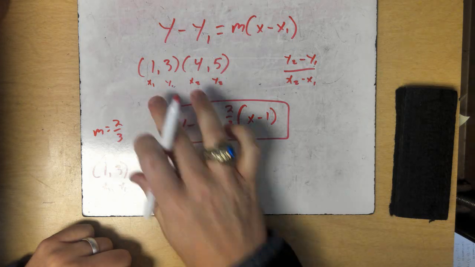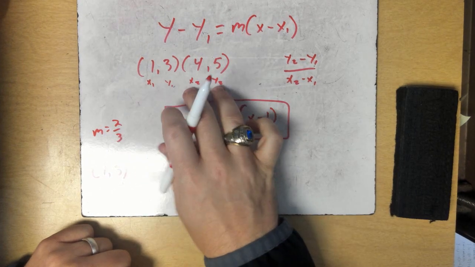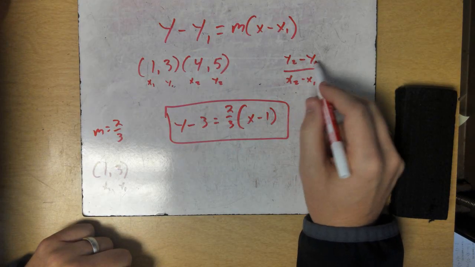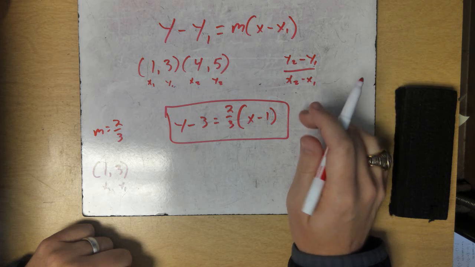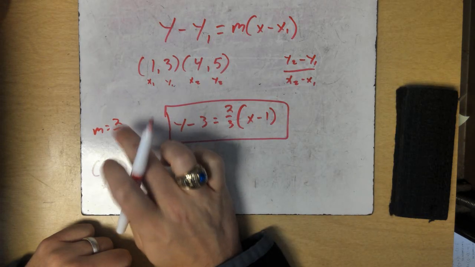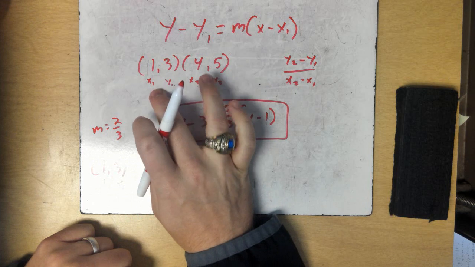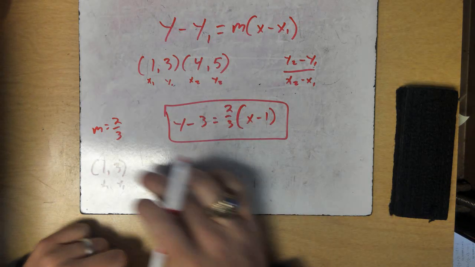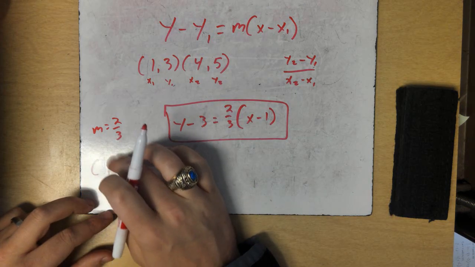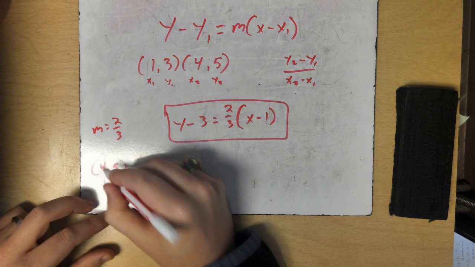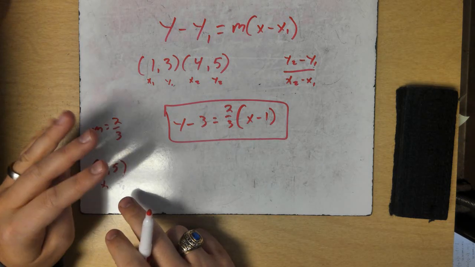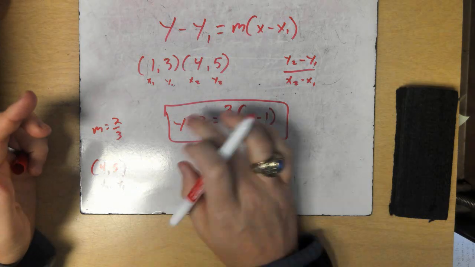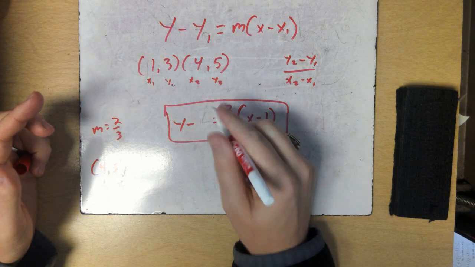So, 2 points, x1, y1, x2, y2, plug it into your equation here. Plug it in, solve for the slope. When you find the slope, pick a point, doesn't matter which one. If I wanted to use, and this is just to show you, the other one, 4 and 5, sorry, this glare, I know it's bad, I could do y1 as 5.